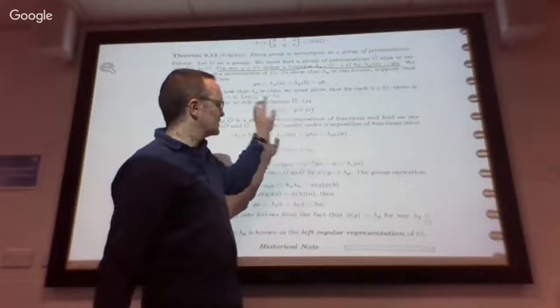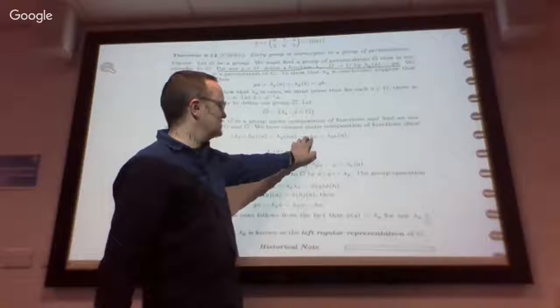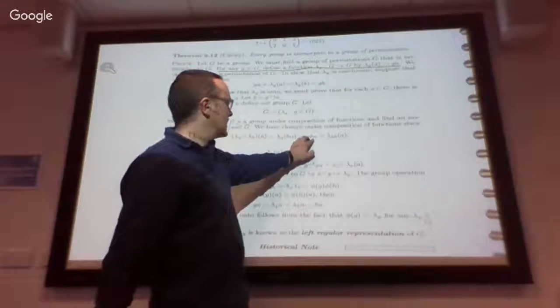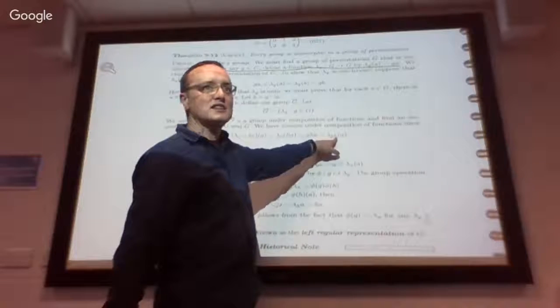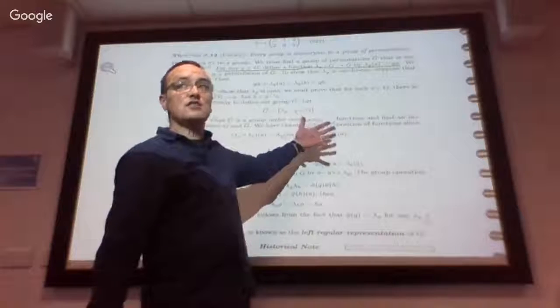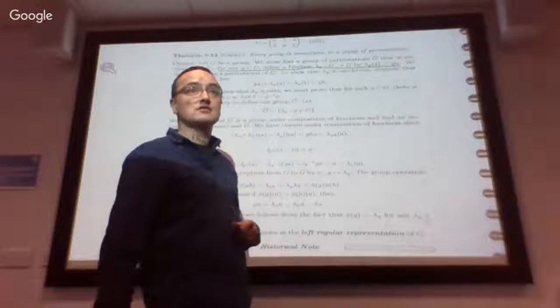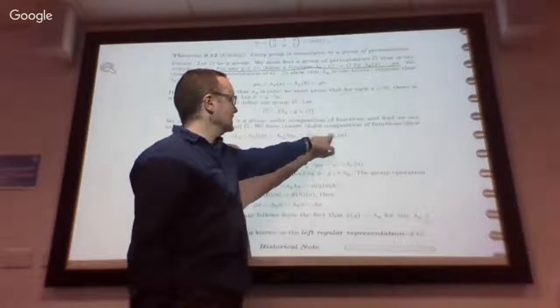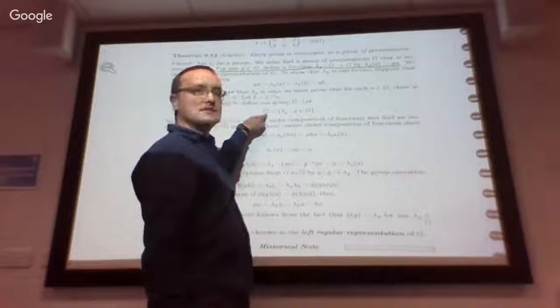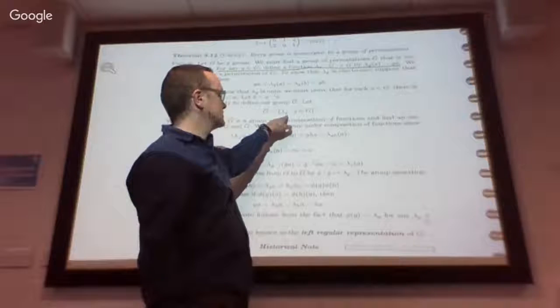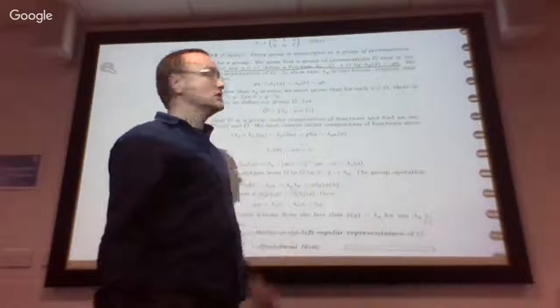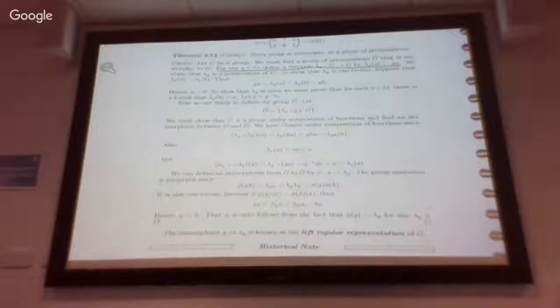We can consider this as the element GH times A. But that is just the effect of the map lambda sub GH. And G times H is just one of the other elements of the original group G. So this mapping, lambda sub GH, will be present in G bar, because G bar contains all the lambdas corresponding to elements of the group G. So G bar is certainly closed.